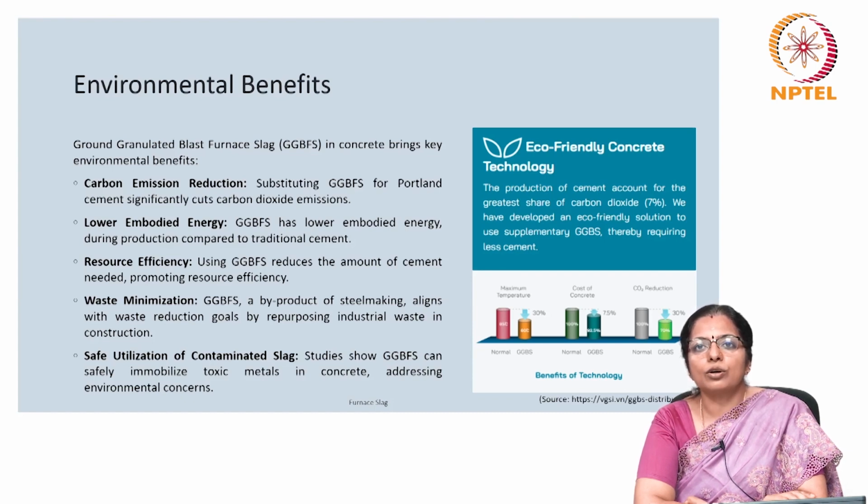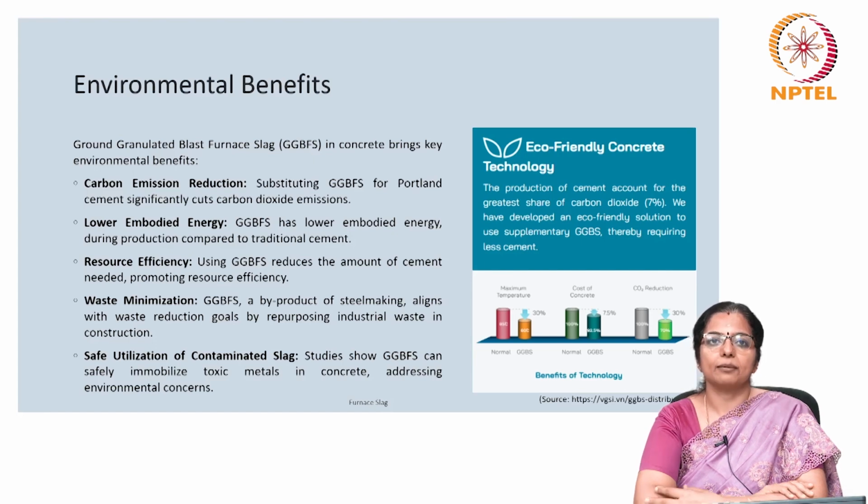As a byproduct of steel making, this material aligns with waste reduction goals by repurposing industrial waste for construction purposes. Moreover, studies indicate that ground granulated blast furnace slag can safely immobilize toxic metals in concrete.